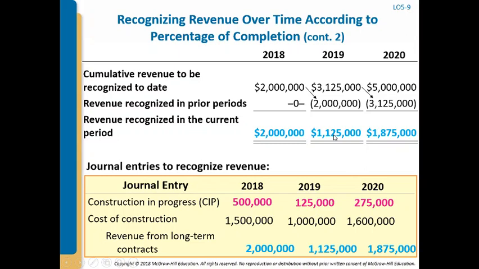And what you get in that second year is revenue recognized of 1.125 million, and so on and so forth for that last year. Okay, so that's where you're getting these numbers. Revenue from long-term contracts is your credit, cost of construction is one of your debits, and basically a plug number is the difference between the two that goes to construction in progress, and essentially it's your gross profit.